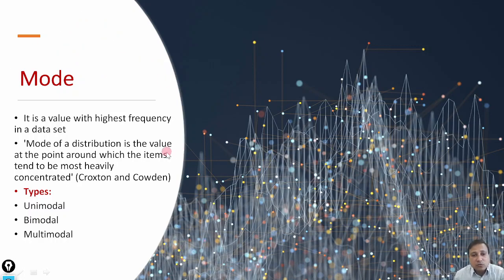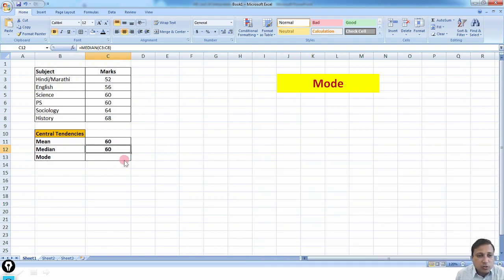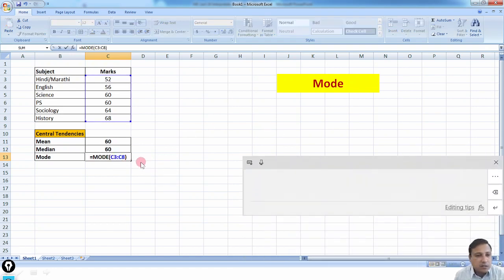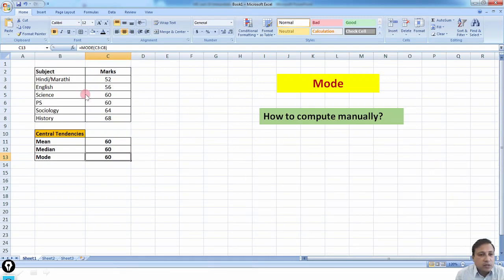Now let me take you all to the example. Here in this example, how to compute mode? Simply the process that we have already seen. We have used the mode formula and it came here 60. What does that mean? It means 52 came once, 56 came once, 60 came twice, 64 came once, 68 came once.